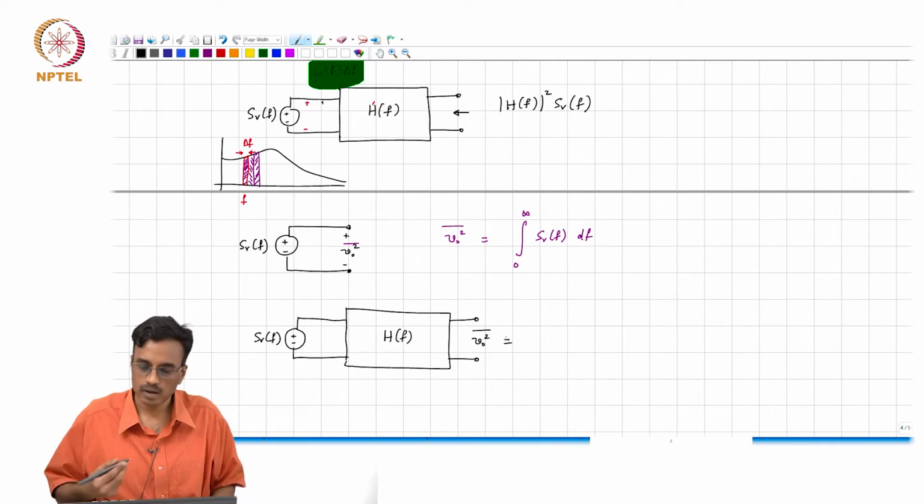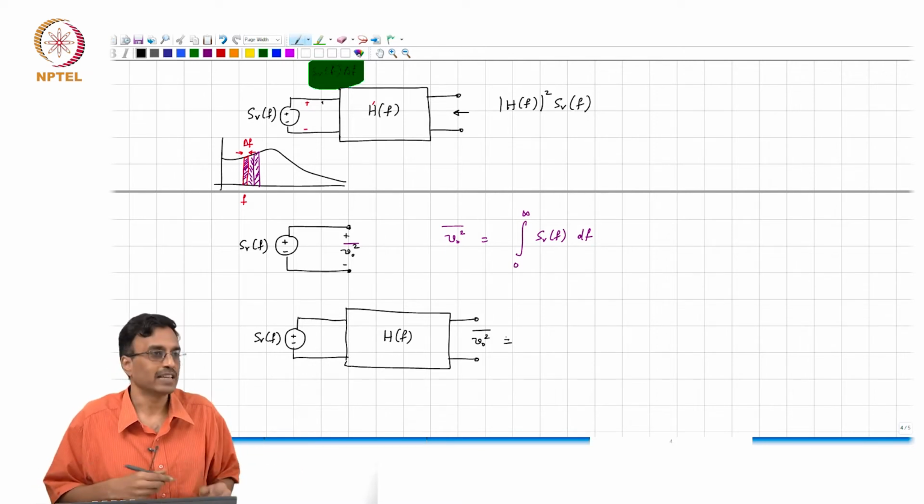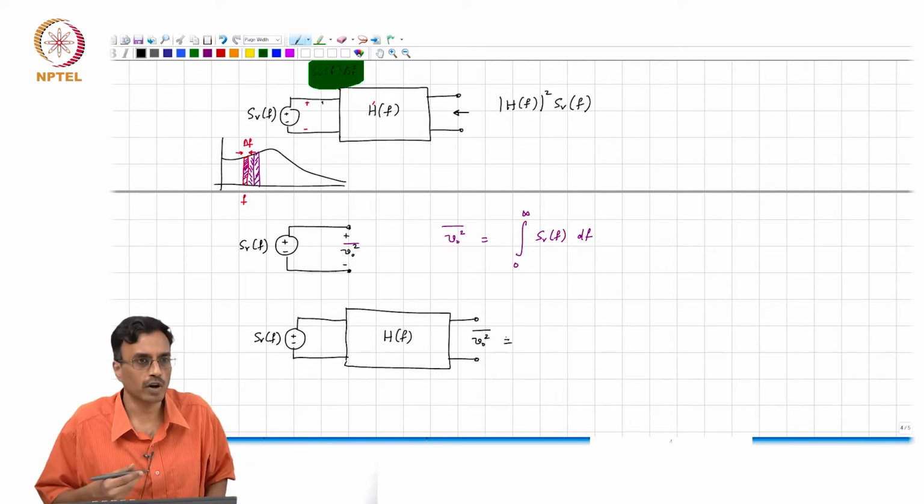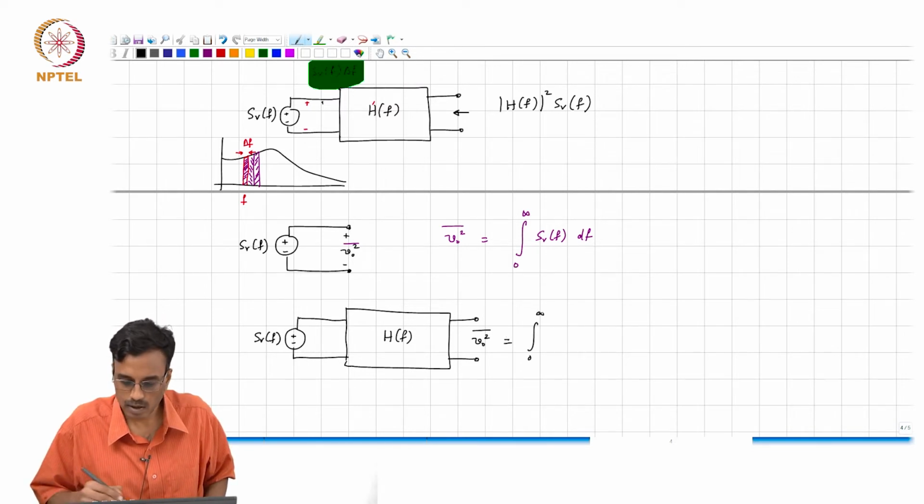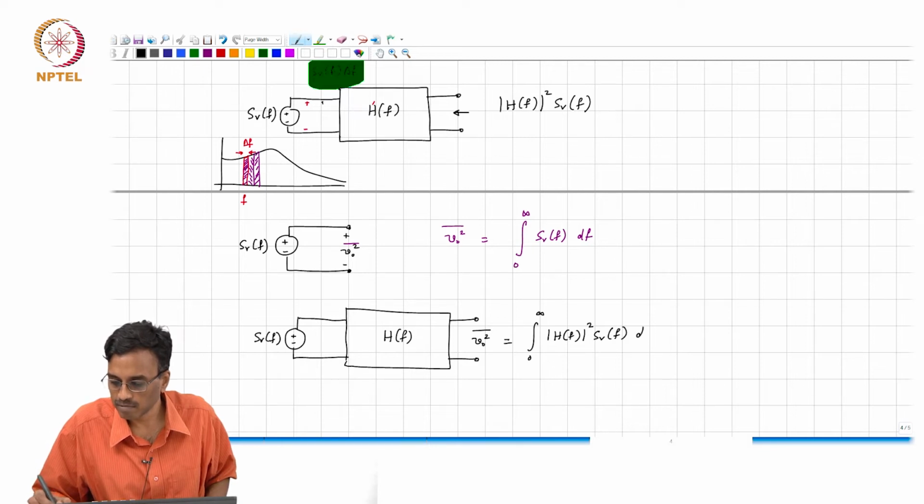Mod H of f the whole square times SV of f. So, what is the mean square output noise? Integral 0 to infinity of mod H of f the whole square times SV of f.